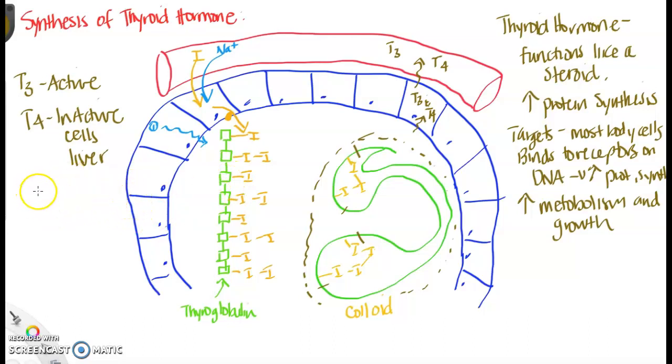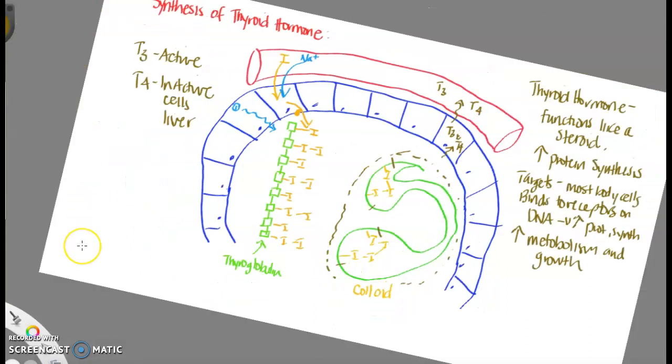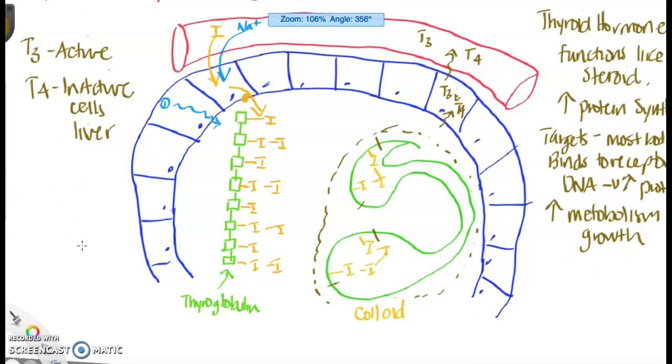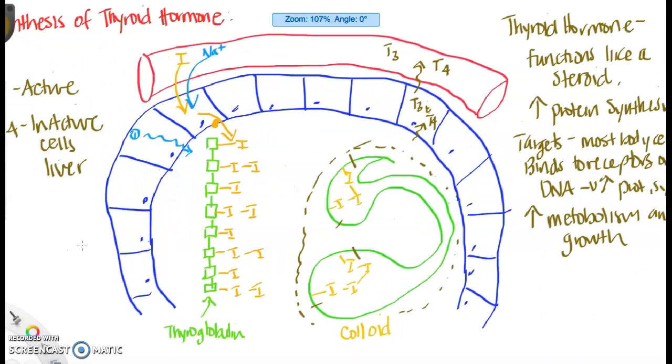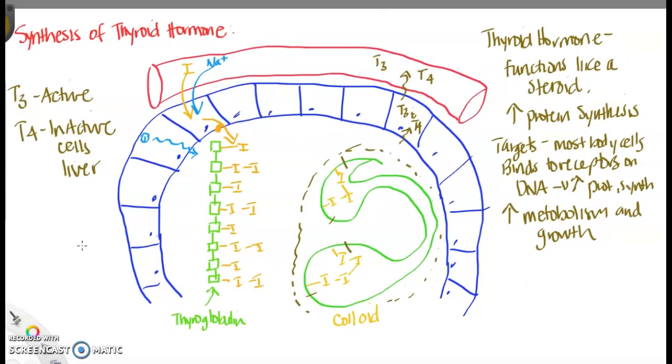T3 and T4, TSH, when we're talking about thyroid stimulating hormone, so that's the hormone that comes from the pituitary gland that causes this to occur. Okay, so TSH, thyroid stimulating hormone, it increases chopping of the T3, T4, making more T3 and T4.